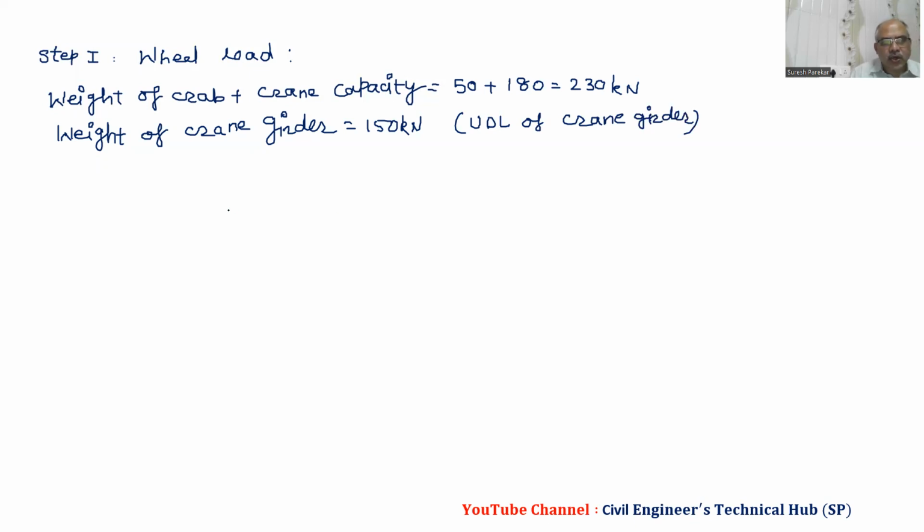Then we will draw this crane girder, which is of 15 meter span. Crane girder rests on both rails. So this reaction R1 will be shared by 2 wheels, R2 will be shared by 2 wheels.